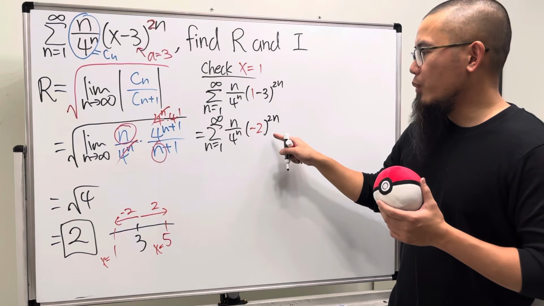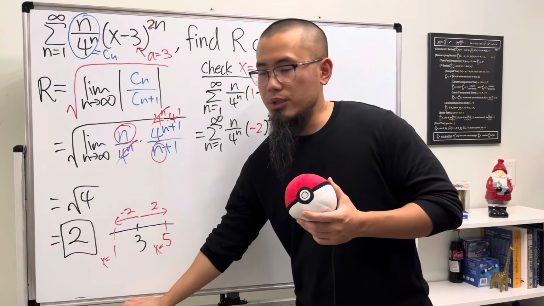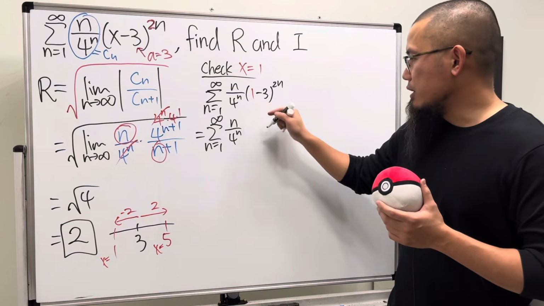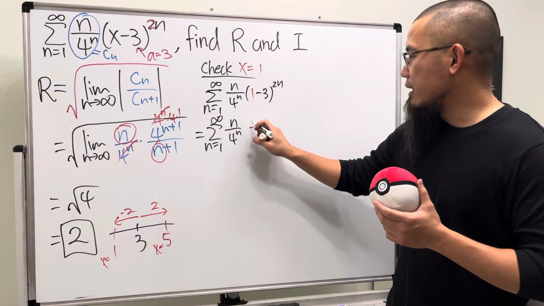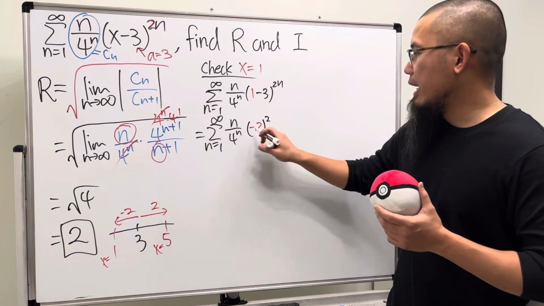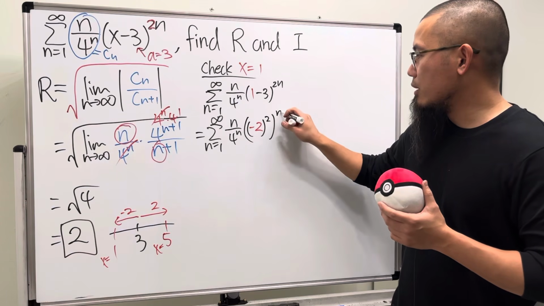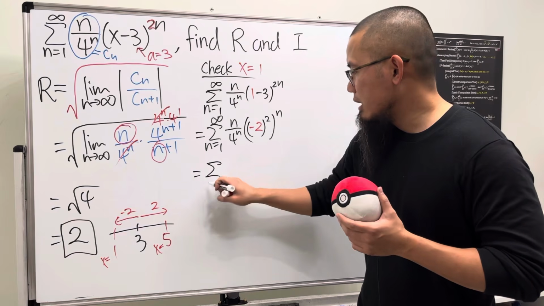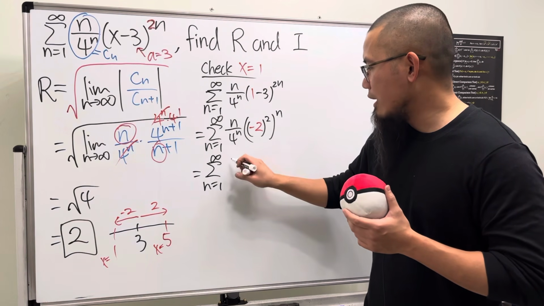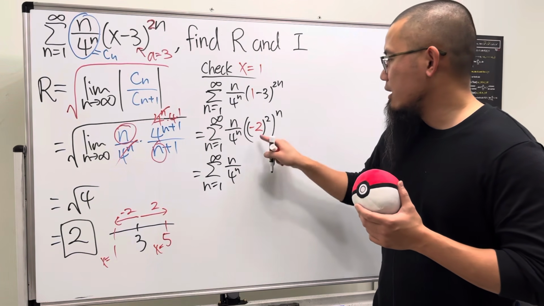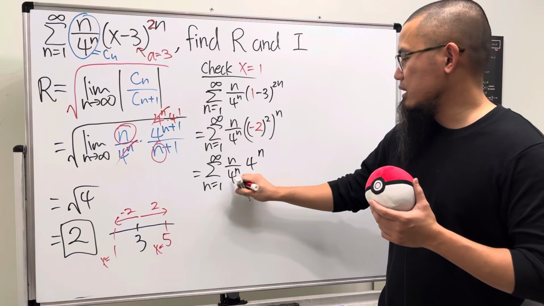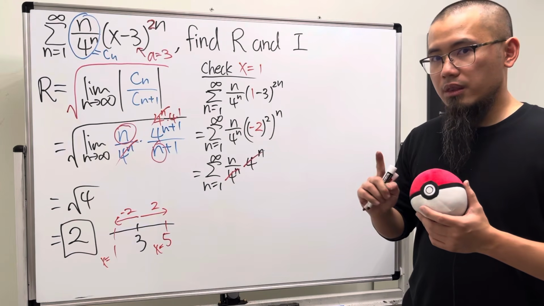But for this right here, what we can do is do the second power first and then the nth power. So this right here, it's a negative 2. And then let's do the second power, and then let's do the nth power. So in fact, this right here is the series as n goes from 1 to infinity, and we have n over 4 to the n. This is also 4 to the n. And as you can see, this and that cancel.